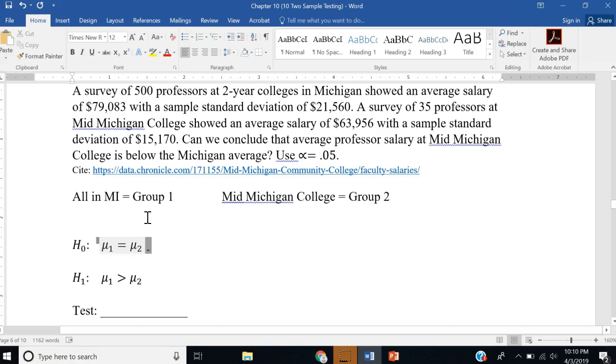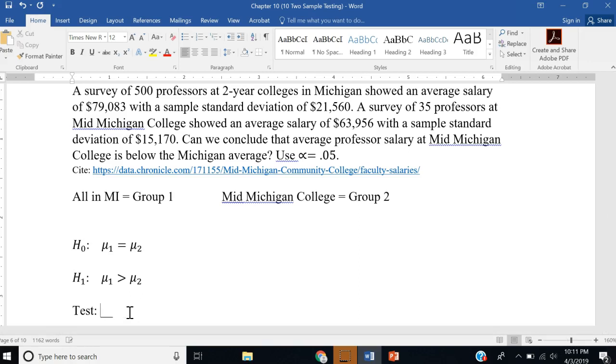If you would have been somebody who said Mid-Michigan College is group 1 and everybody else in Michigan is group 2, you would have switched your symbol. Okay? So because I called group 1 everybody in Michigan, Mid-Michigan College I called group 2, I used the symbol that way. But if you called this group 1 and this group 2, you'd have had to flip your symbol. Okay, so be very careful when you're writing that symbol that we have it in the correct way.